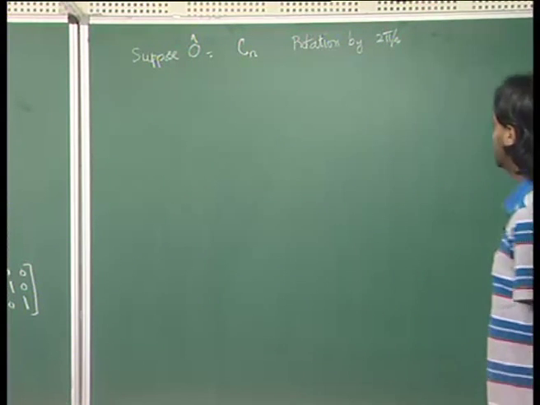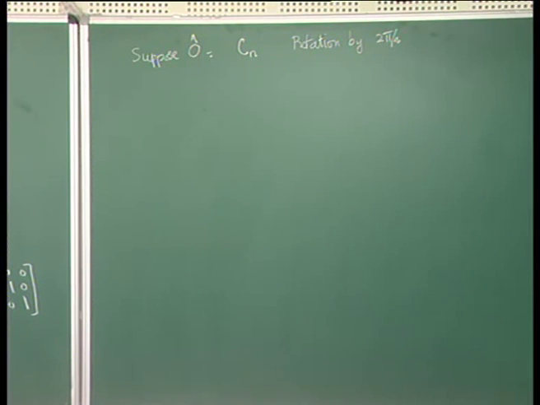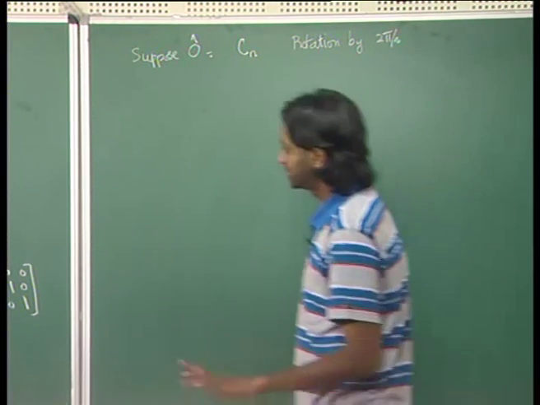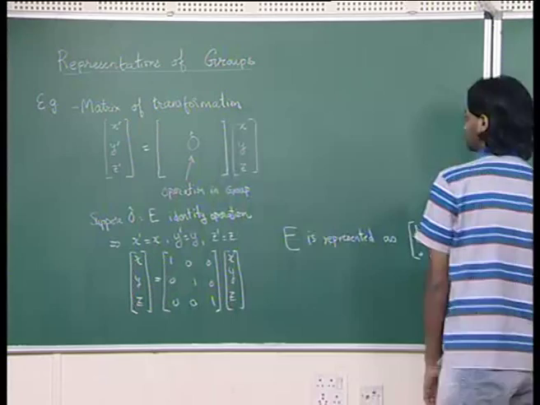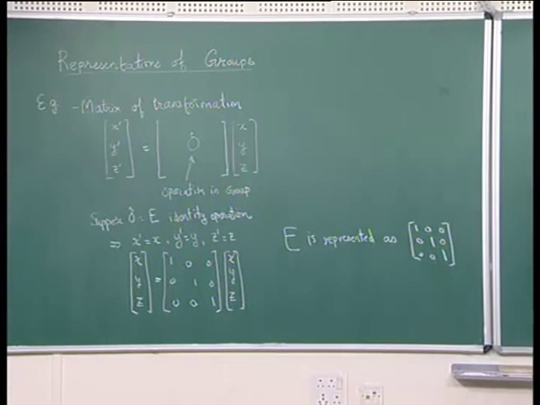Then you can show that when you rotate by this angle, you can clearly see what will happen. Suppose I take a point x, y, z and I rotate by 2 pi by n.